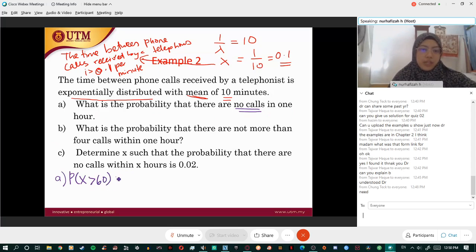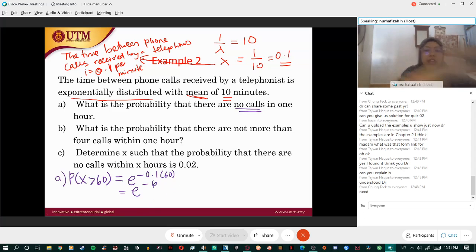So we have here the formula of P(X > 60) is e to the power of negative lambda x, right? Your lambda is 0.1 and your x is 60. So we have e to the power of negative 6, right?